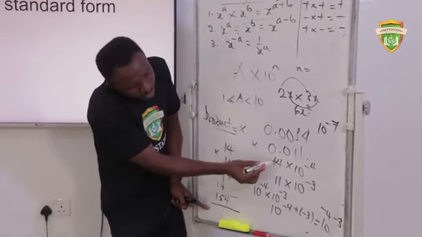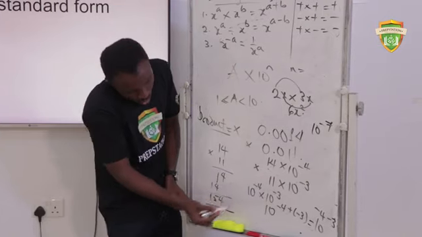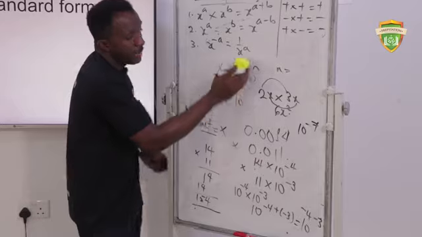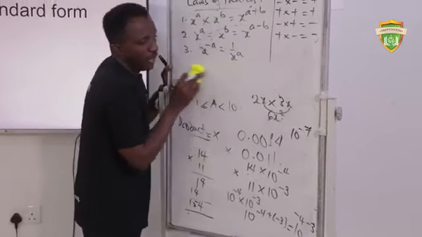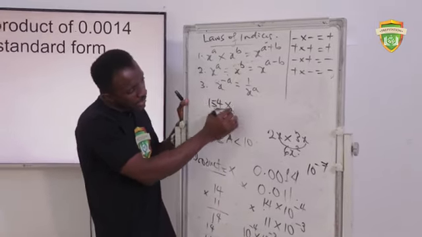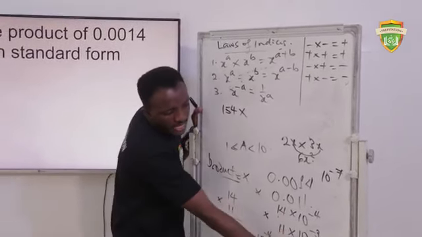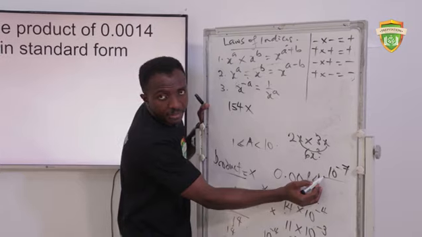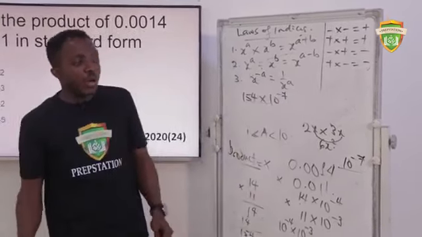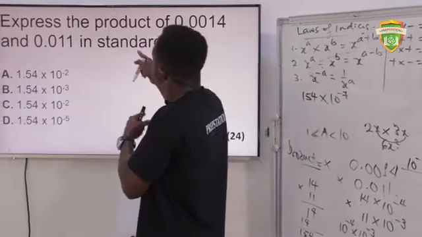Remember that when we multiplied 14 and 11, we got 154. So we bring that up again. I'm sorry my board is very small, but I'm sure you know what I'm doing. So we have 154 times 10 raised to the power minus 7, the product of these. Now that takes us back to our standard form.